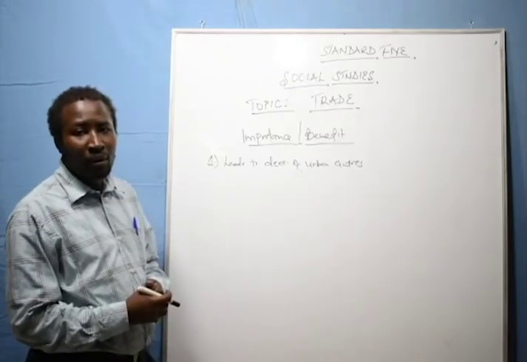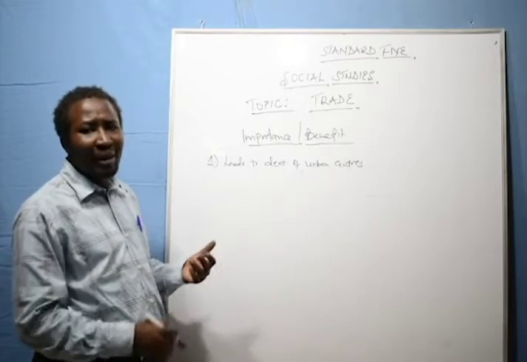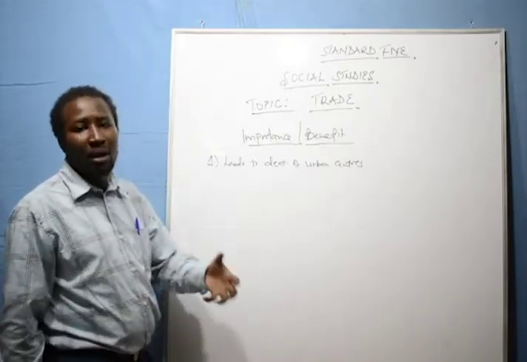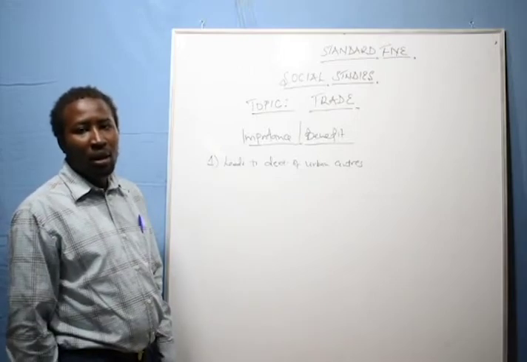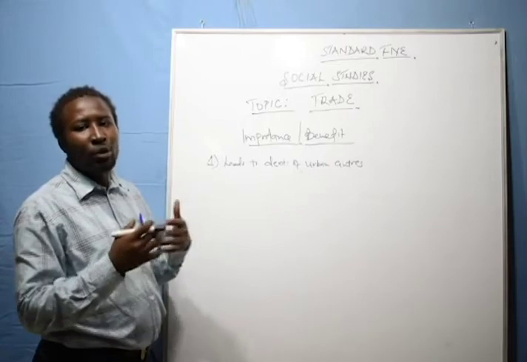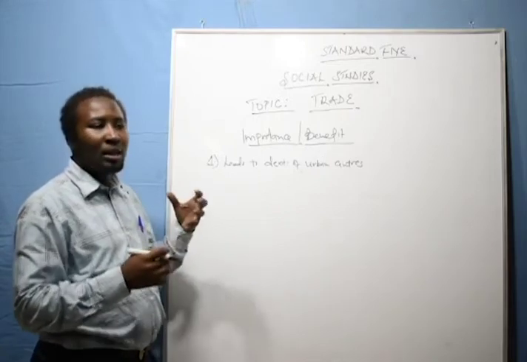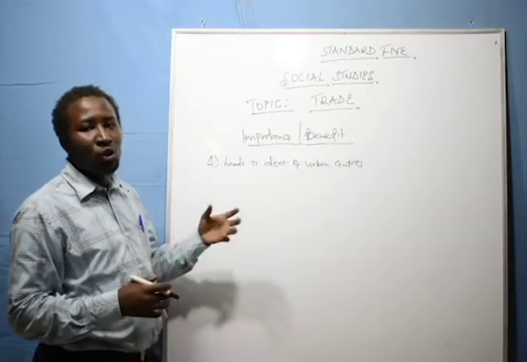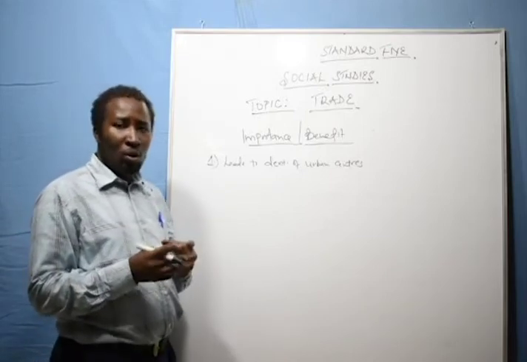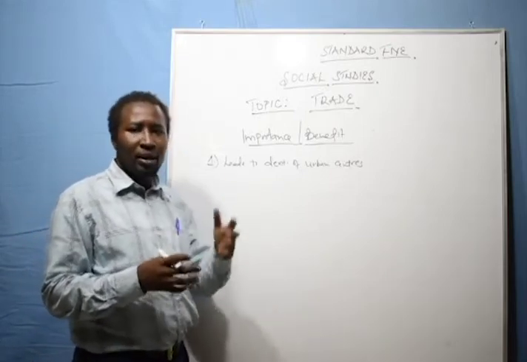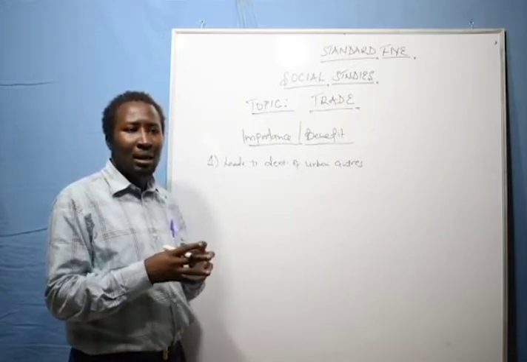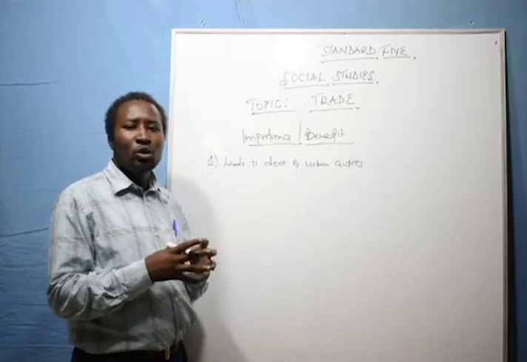As people continue to trade, these areas are formed. For example, Mombasa was formed out of trade, due to people coming from other places to carry out trade at Mombasa. It was so even long ago, during the colonial period.